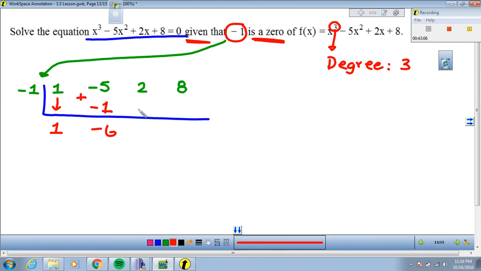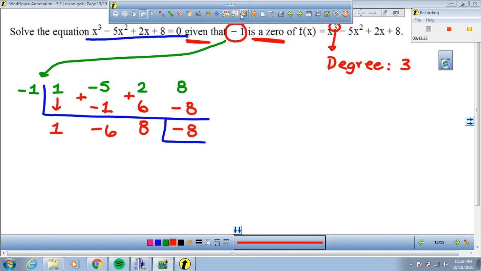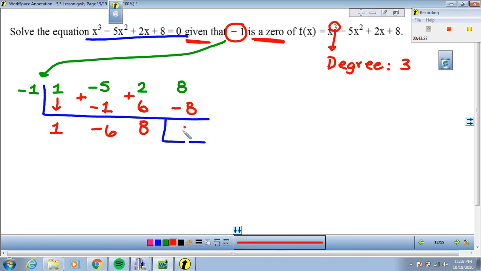Negative 1 times negative 6, positive 6. Add these 2, so that's 8. Negative 1 times 8, negative 8. Okay, so here my remainder, it's negative 8. Negative 8, I'm sorry, it's 0. Sorry, I copied the other number. It's 0, right? Because when we add these 2, it's 0.